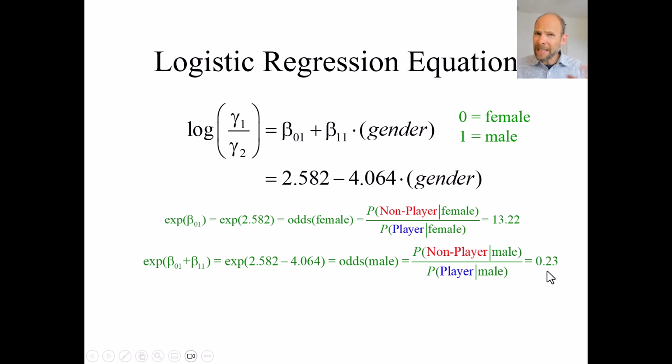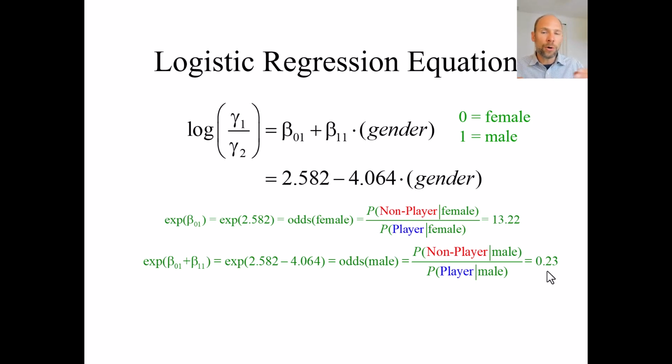So that's more difficult to interpret because it is smaller than 1, right? This way around. So it's not really easy to express in words, but it shows us that males are much more likely to be players than to be non-players, because here we get a number smaller than 1 for the odds of being non-player as compared to being player.